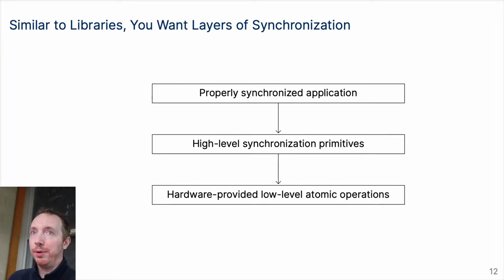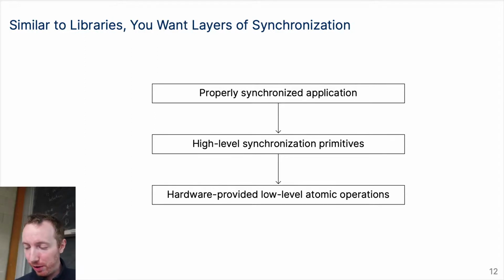Similar to libraries, whenever you make applications that use multiple threads, you'll want different layers of synchronization. Like the comment about, hey, shouldn't that pthread mutex lock be atomic? Well, yes, it would be atomic, but you can imagine that by itself, any implementation we can think of to create a mutex probably has issues.